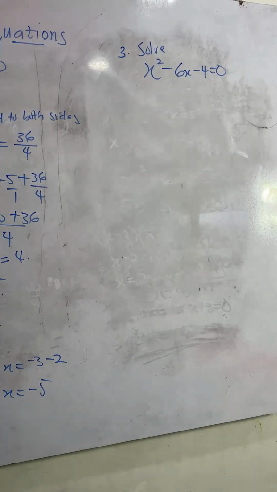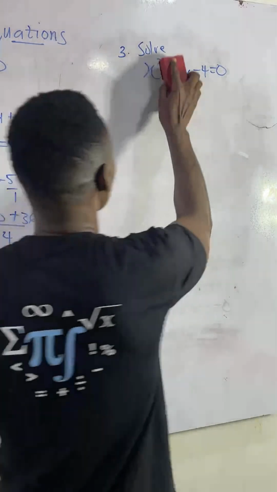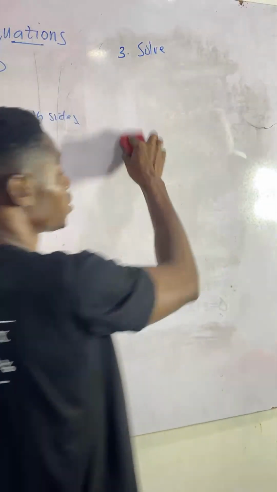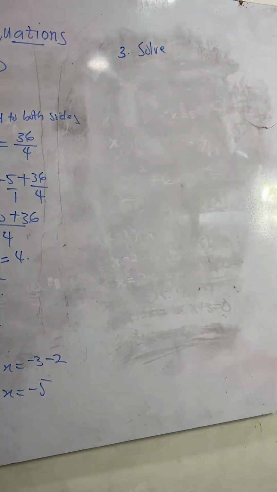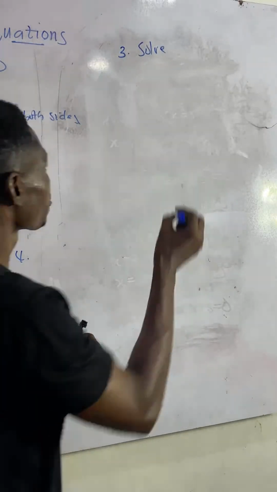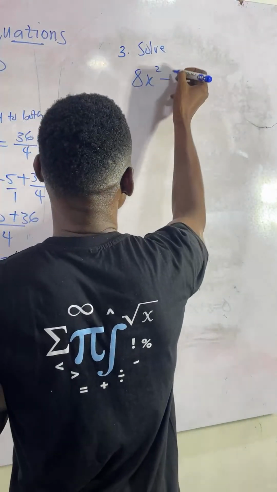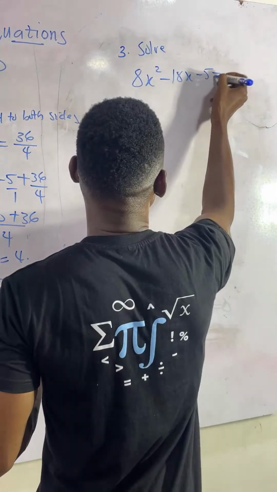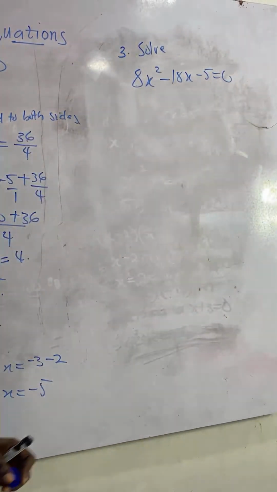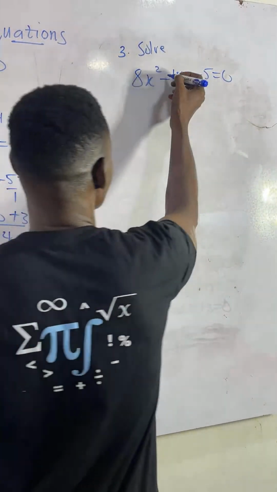Okay, not the example we want to solve. Sorry. I want to give one that has a not equal to 1. Okay, so 8, 18, and minus 5. So 8x squared minus 18x minus 5 equal 0. Is it plus or minus 18? So plus 18.